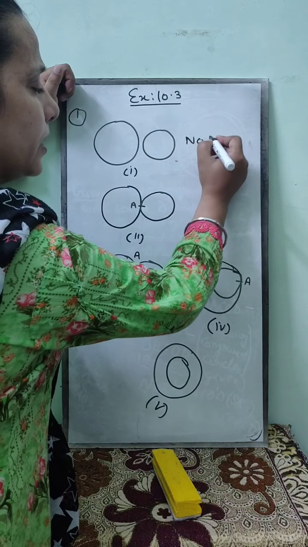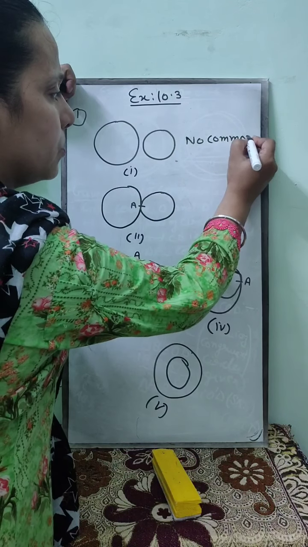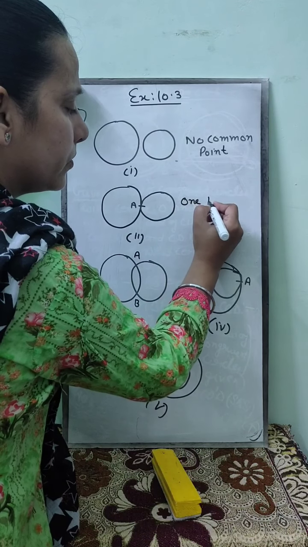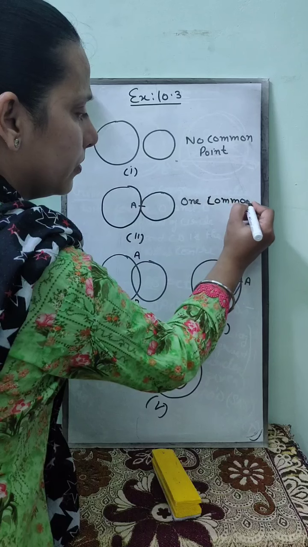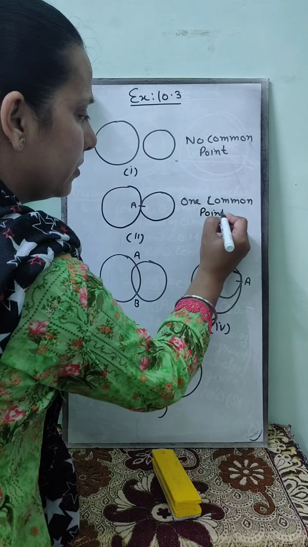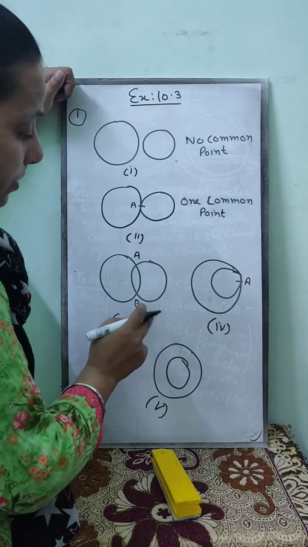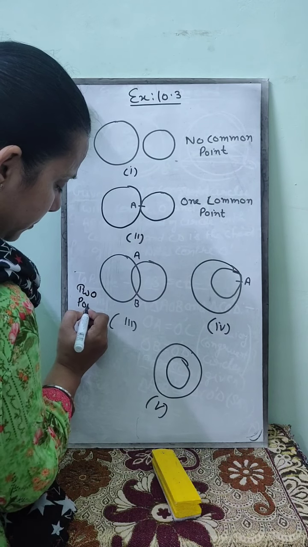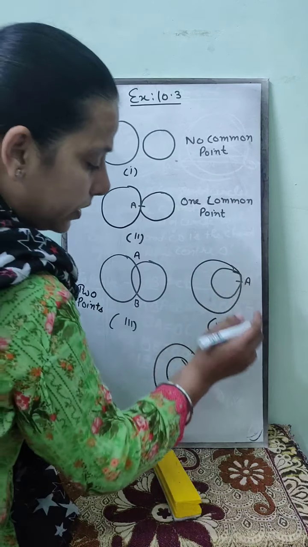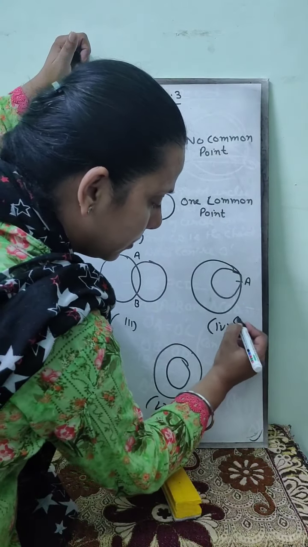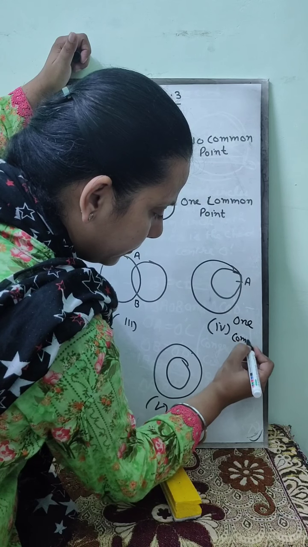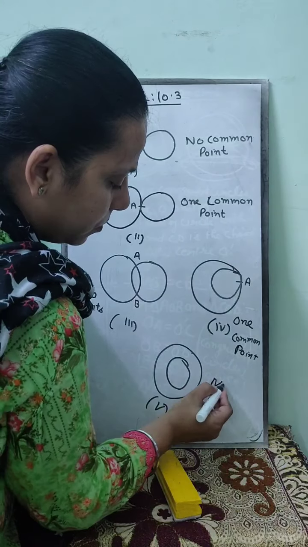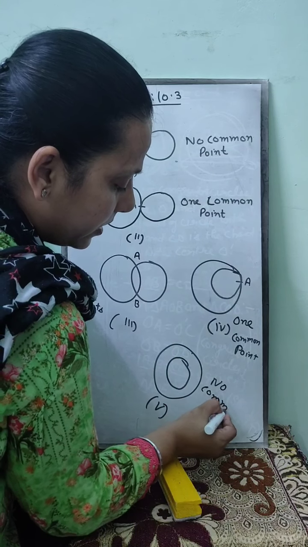See, in diagram 1 there is no common point, here one common point, here 2 points of intersection, here again one common point, here again no common point.